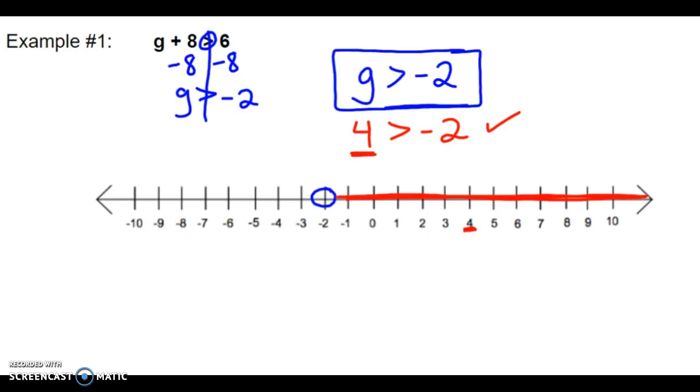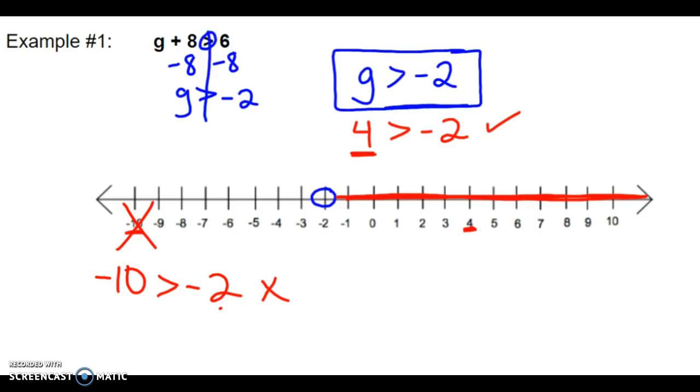Now some people say, well, what if my favorite number was -10? If I put -10 in for my G, is -10 greater than -2? Well, no. That doesn't work, so I don't want to go towards that number on my number line.